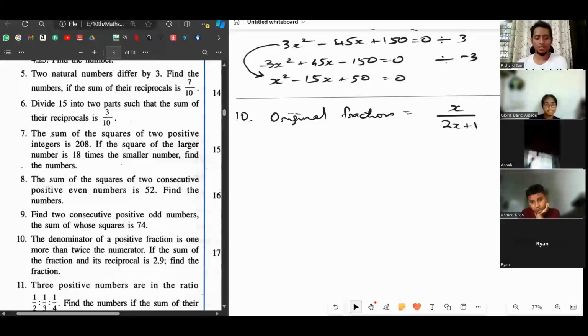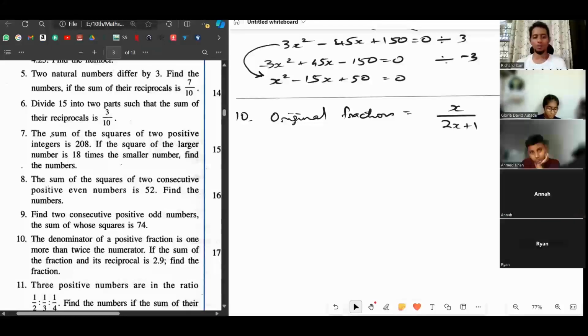All right. So the denominator of a positive fraction is 1 more than twice the numerator. We got our original fraction. Okay, that's the first part. Now what they say, if the sum of this fraction and its reciprocal is 2.9. So this fraction and its reciprocal you have to add. So let's write the reciprocal fraction.